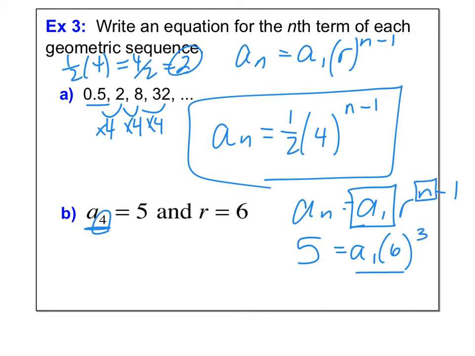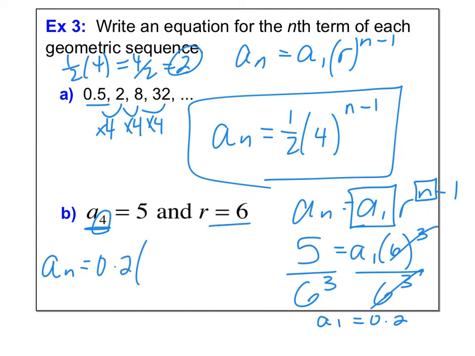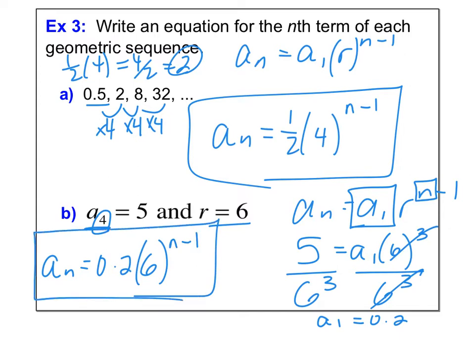And we divide 5 divided by 6 to the third power, and we see that a sub 1 is equal to 0.2. So in my equation, 0.2 times the common ratio of 6 to the n minus 1. I can now find the nth term, any term in this particular sequence.